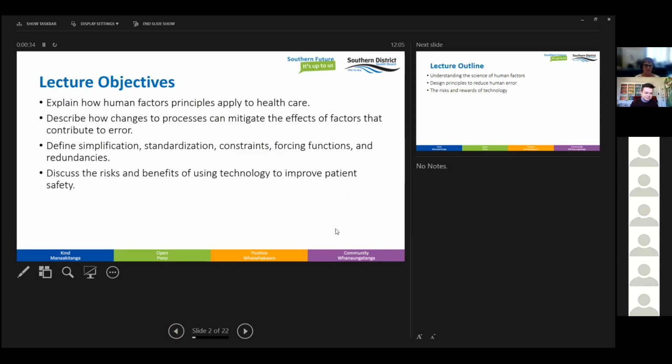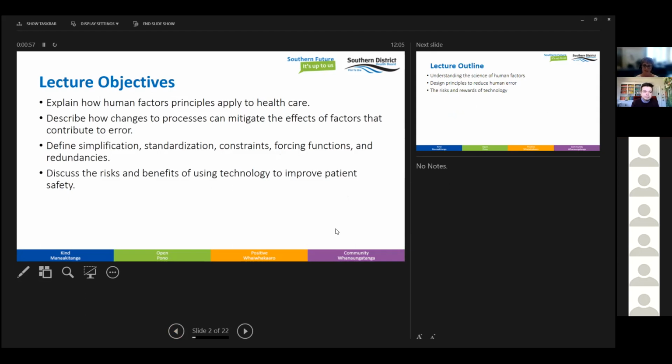Okay, so the objectives today are to explain how human factors principles apply to healthcare. And as James has already alluded to, human factors is a science that's well known to other industries such as aviation. Describe how changes to processes can mitigate the effects of factors that contribute to error.